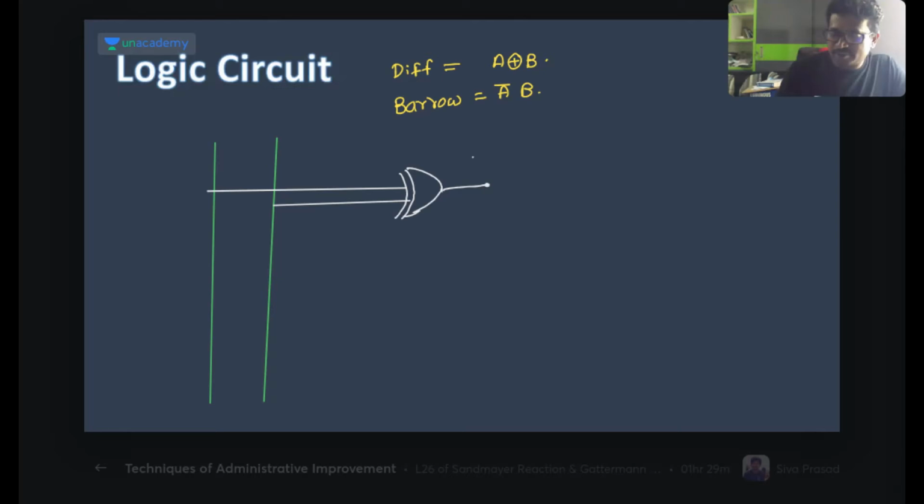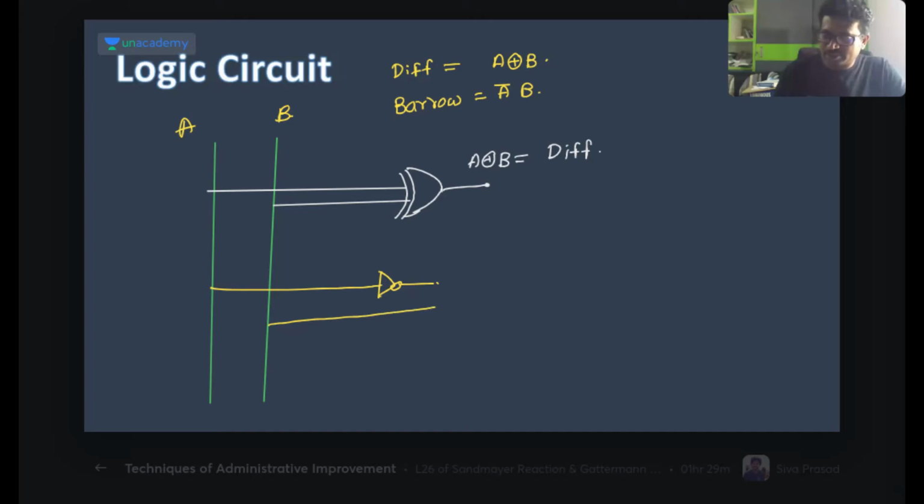This is A XOR B, which is the difference. Next, for A bar B, I take one NOT gate for A bar, and then an AND gate. This is A bar B, and this is called the borrow. Like this we can implement it.